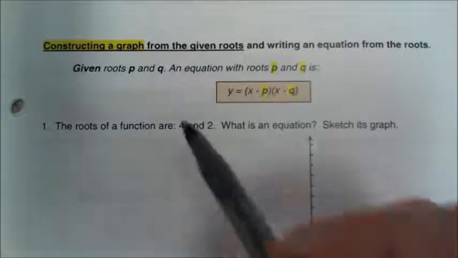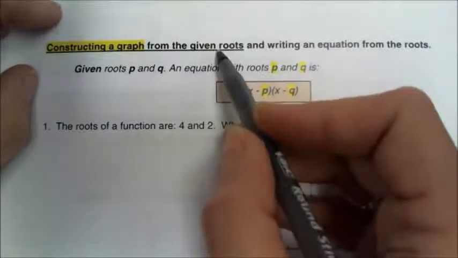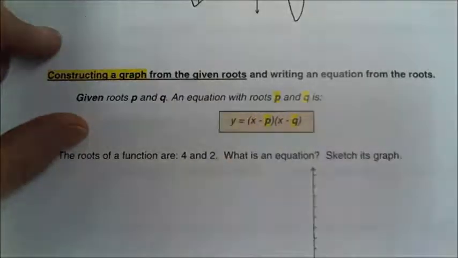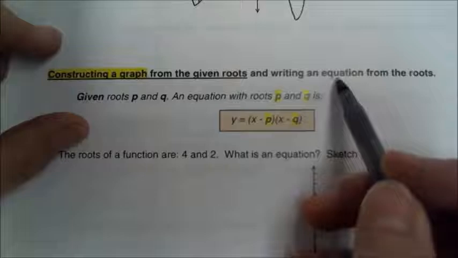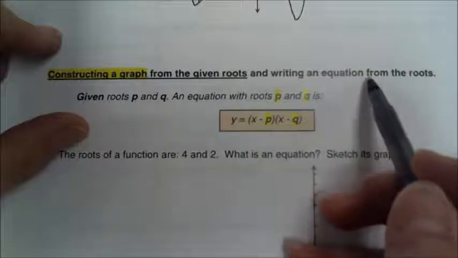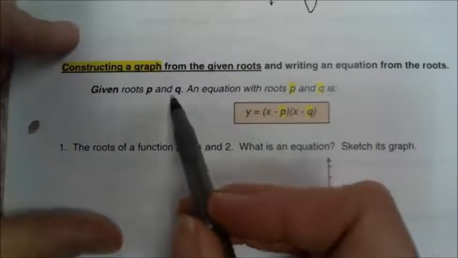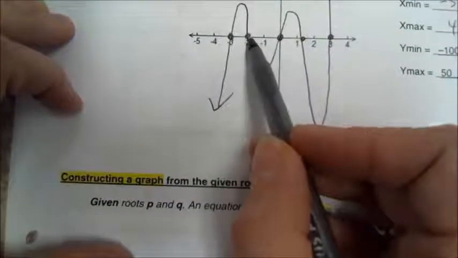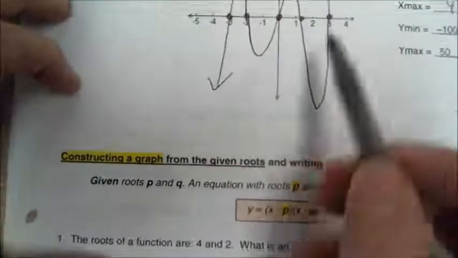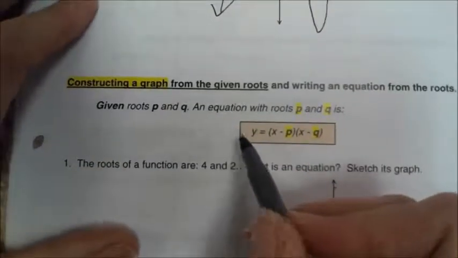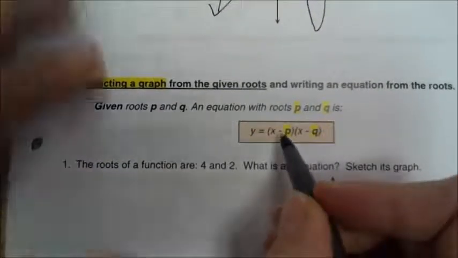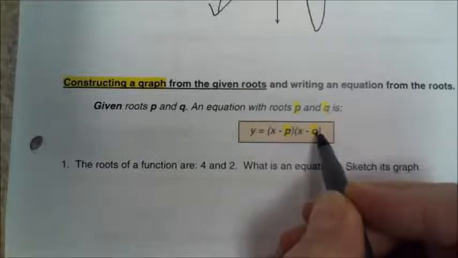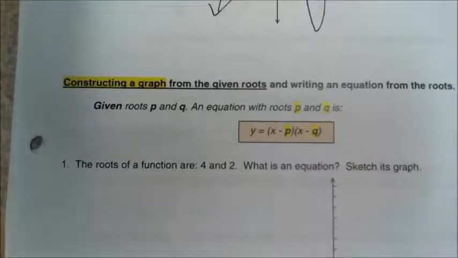We're now going to construct our own graph from the given roots. Before, we had to figure out the roots. Now we're going to be given what the roots are, and then we're going to be writing an equation from the roots that we're given. So if we're given roots p and q, like if we're given the roots -3 and -2 or 0, what we can do is write an equation with the roots p and q by just doing x minus the first root, x minus the second root, multiply them together.